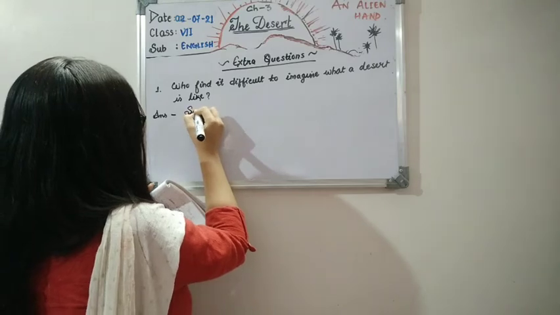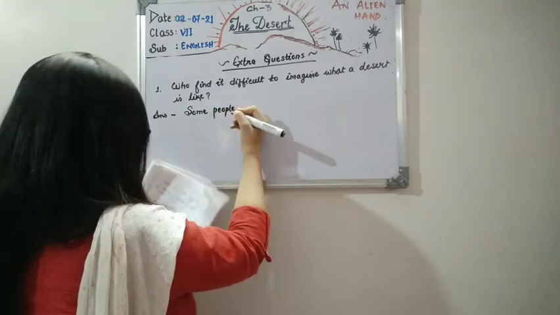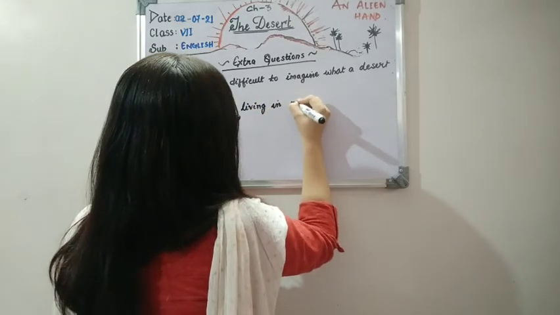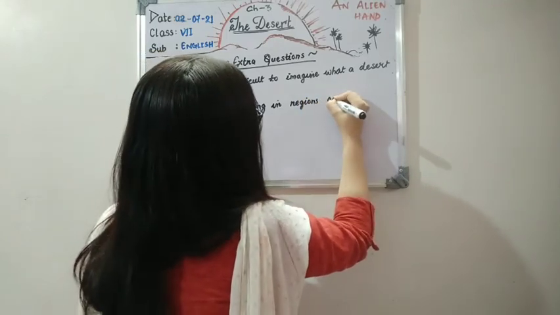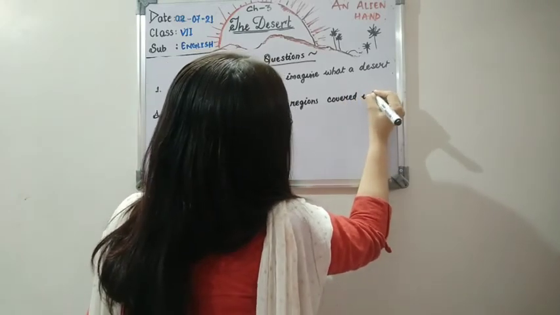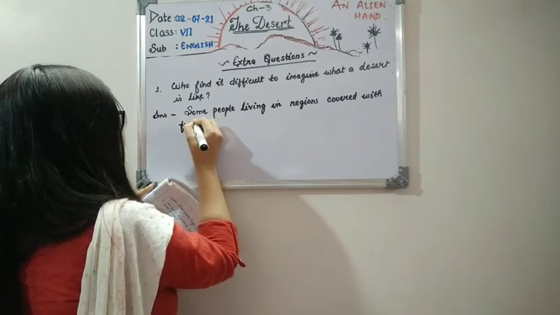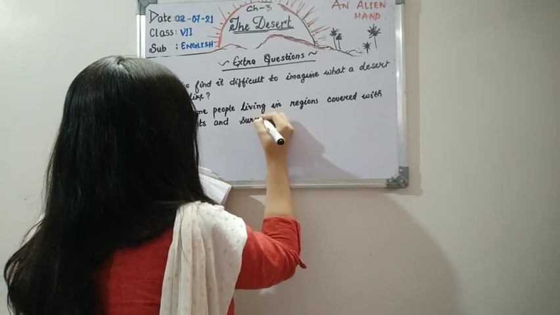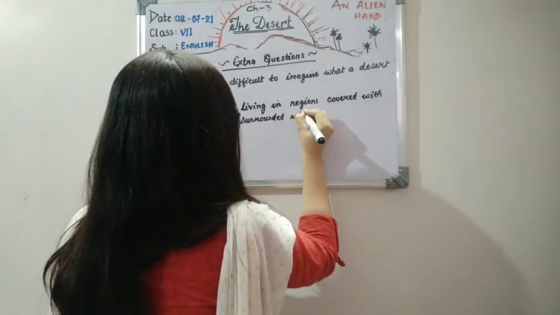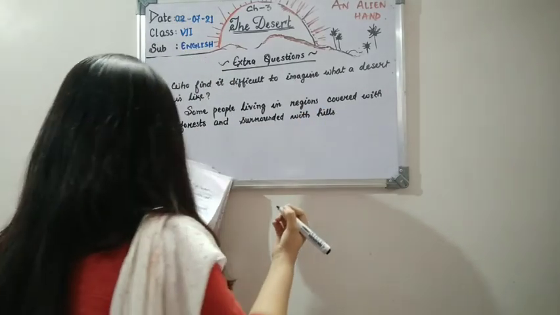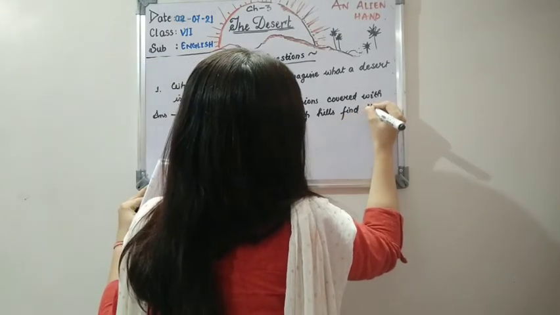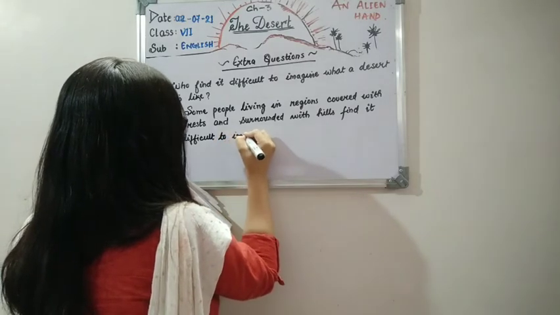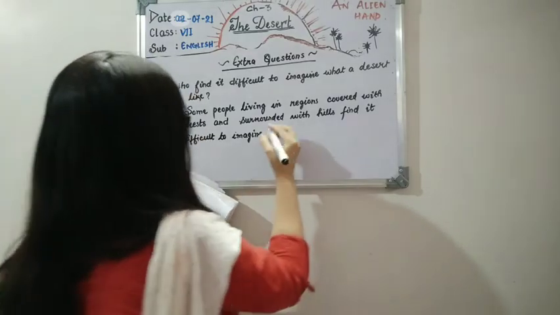Some people living in regions covered with forests and surrounded with hills find it difficult to imagine what a desert is like.